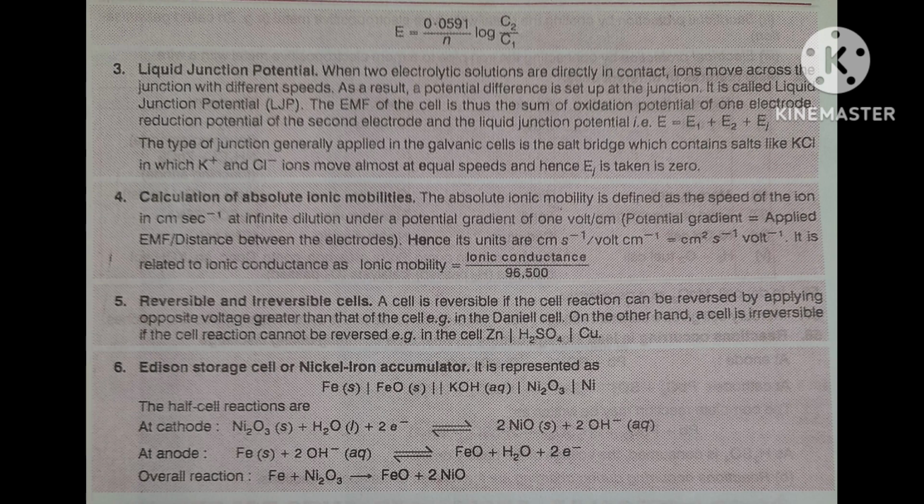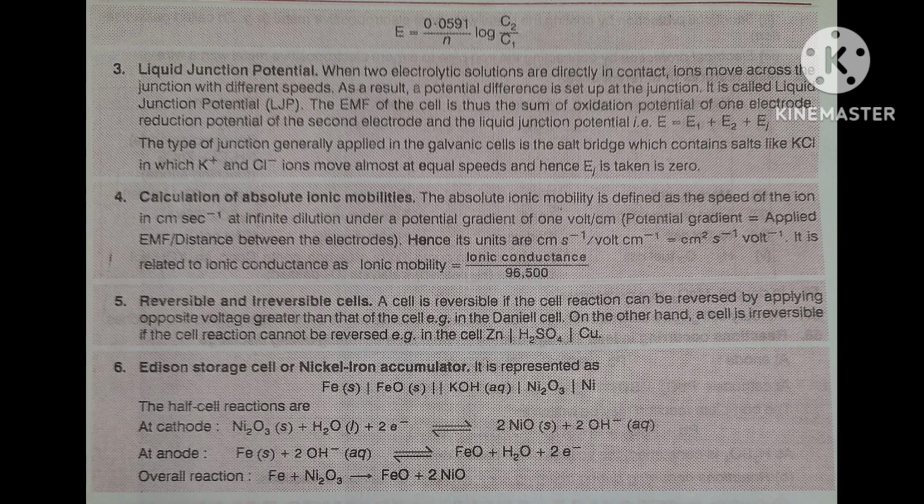NiO means what? Ni is plus 2 because oxygen is minus 2. Then here you can see Ni2O3, Ni was plus 3 state. Now it became plus 2. Plus 3 became plus 2 because it got 1 electron.